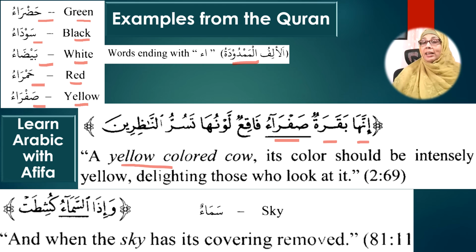So it is a yellow colored cow. And then let's take a look at this verse. Wa iza sama'u kushitat. And when the sky has its covering removed. What is the feminine word here? If you said as-sama'u, it is correct. It means the sky. And here a feminine verb is used, kushitat, because it is referring to this sama'u.